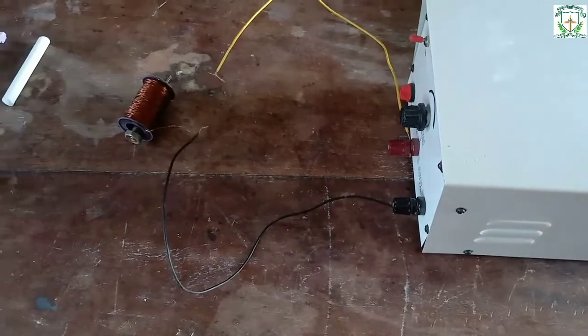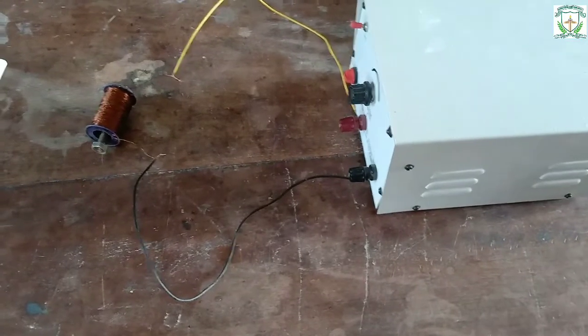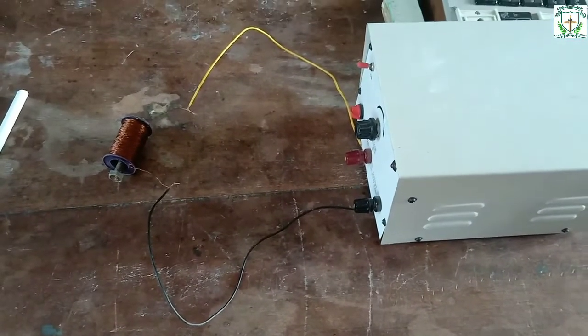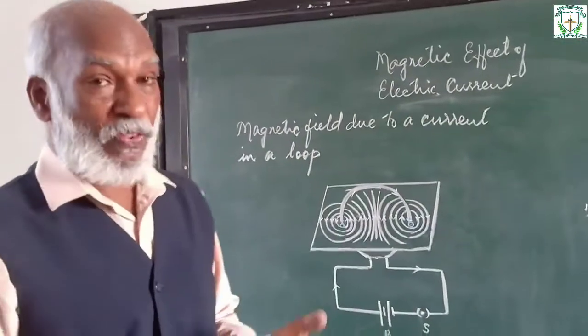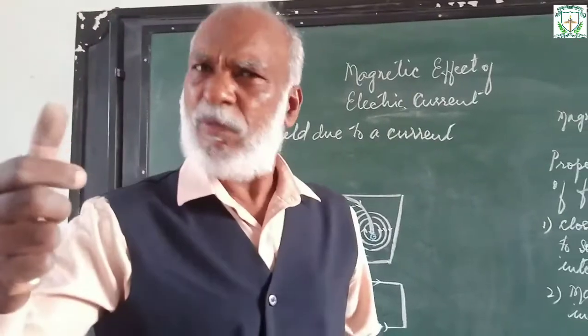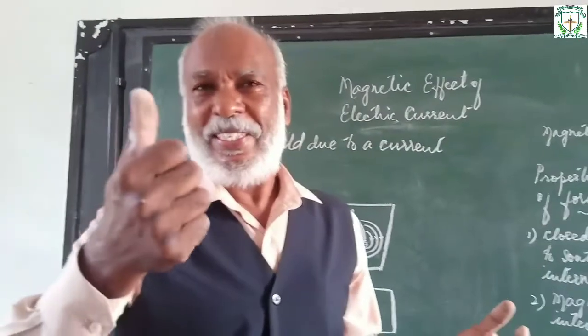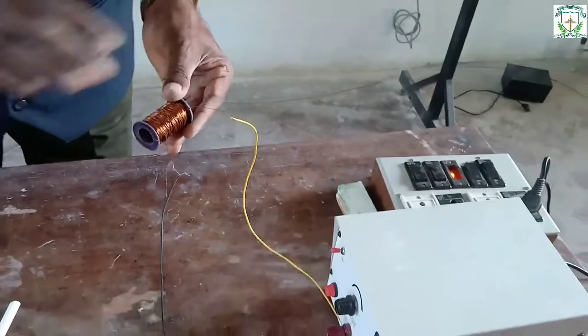So the point is very clear. The magnetic field in a current carrying solenoid is found making use of Fleming's right hand grip rule, or we call it Maxwell's right hand cork rule also. Okay.